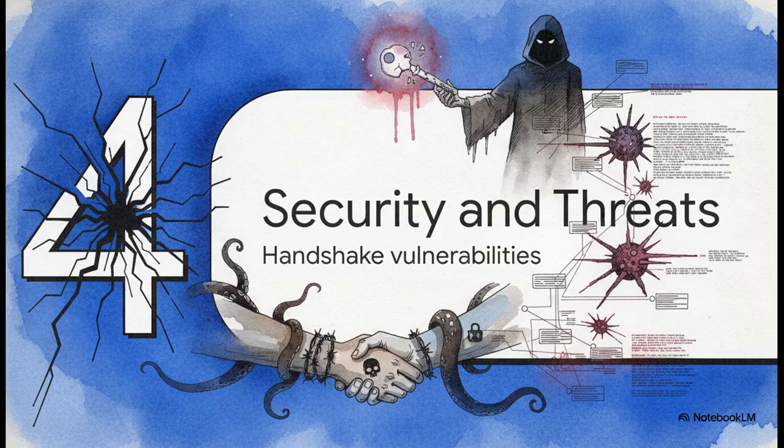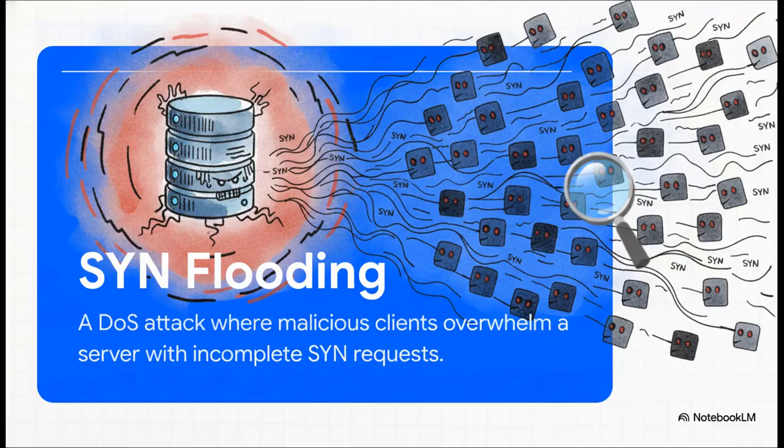Section 4. Security and threats. Handshake vulnerabilities. So the crucial point is, because this system follows such rigid rules, malicious actors know exactly how to weaponize it. And the most notable way is through an attack called SYN flooding. Imagine thousands of malicious clients constantly tapping the server on the shoulder with a SYN request.